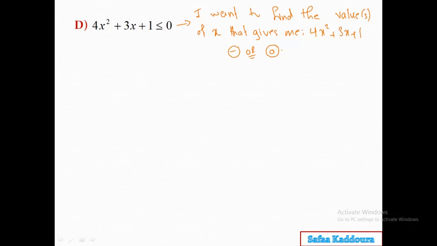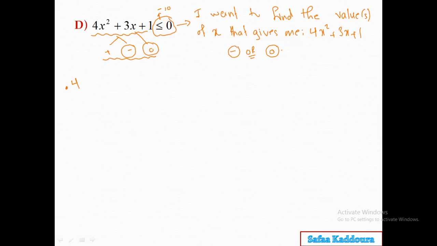I only want this function when it is negative or 0. This function may be positive, may be negative, may be 0, but I don't want all these signs. I only want the negative and the 0. But I should draw the table of signs because it gives me all the signs of this function.